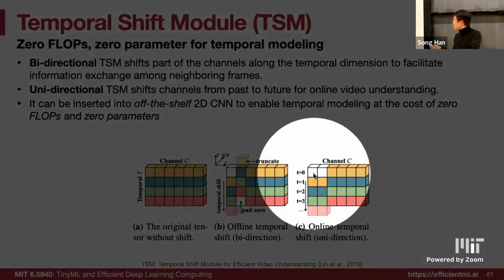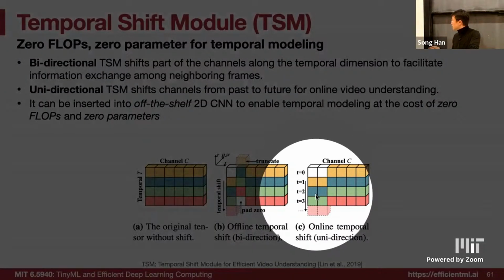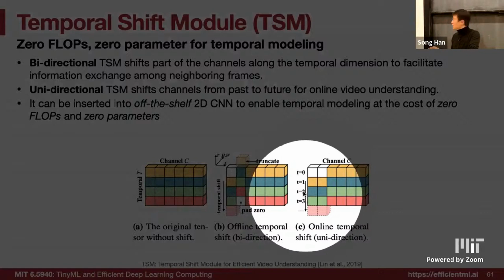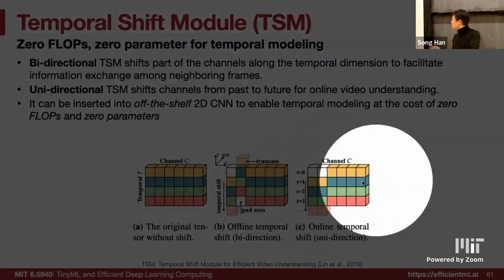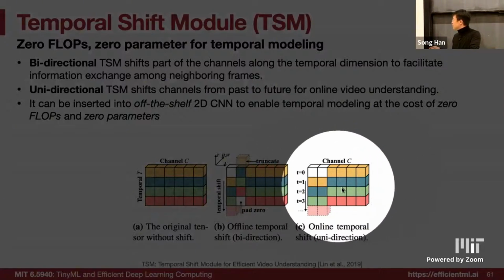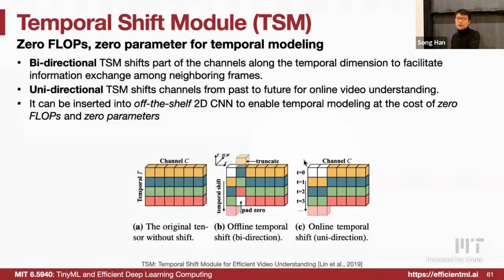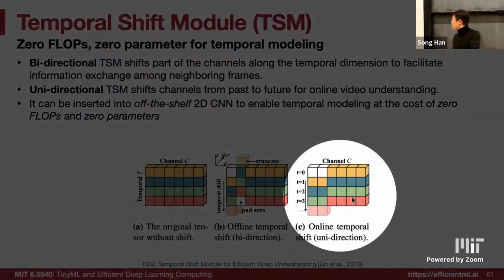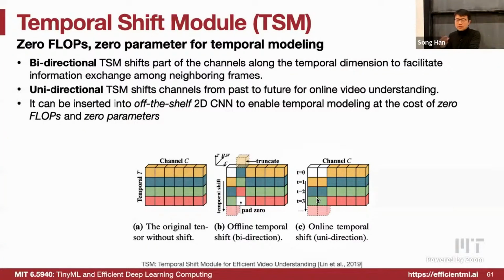So here we are shifting from T0 to T1, T1 to T2, T2 to T3, etc. Therefore, when we are doing a 2D convolution on each of them, on T1, for example, it has the information of both T1 and T0, okay? And so like here, it has information from T3 and also T2. The previous layer, T2 also has information from T1.